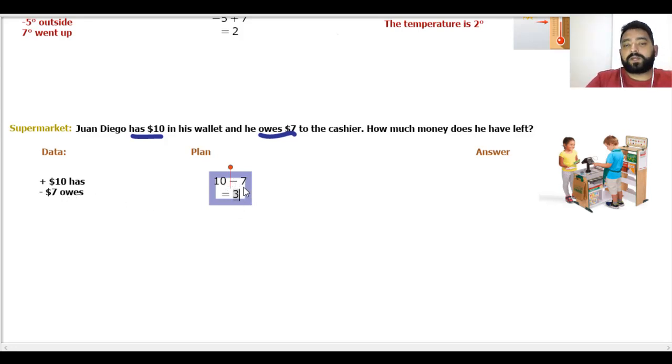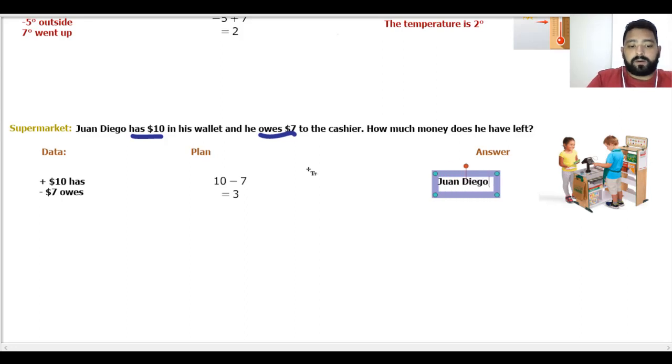We subtract them, so it's going to be 3. Different signs, because this one is positive and this one is negative. And the answer is going to be Juan Diego has $3. Okay, and this is our final answer.